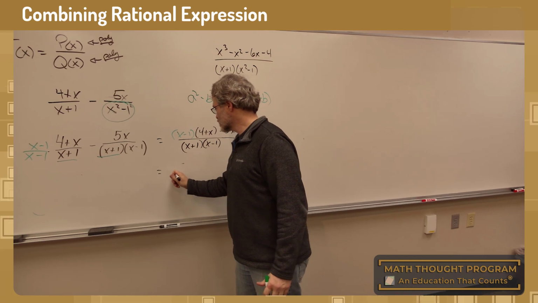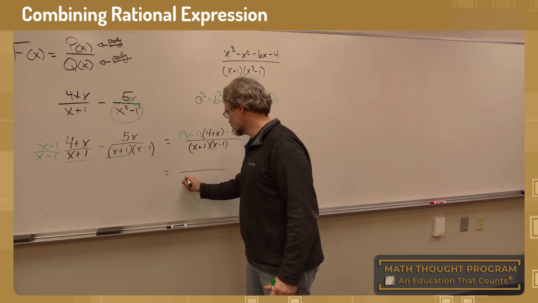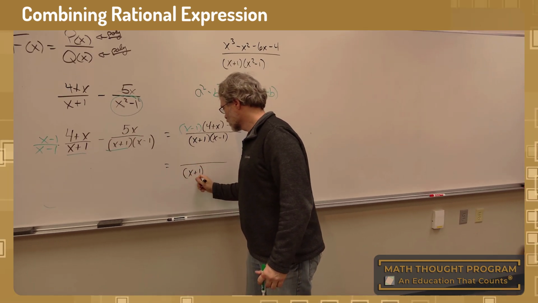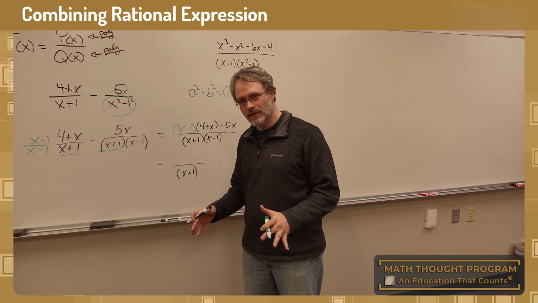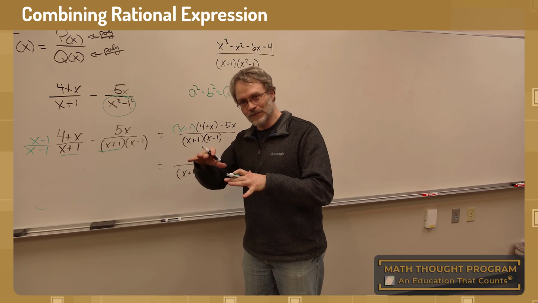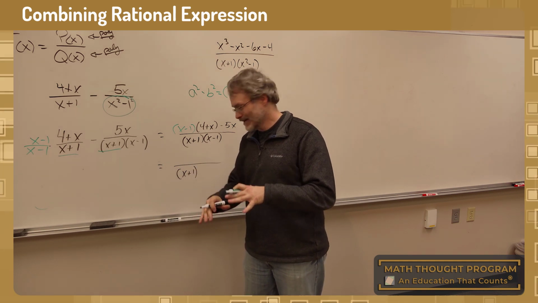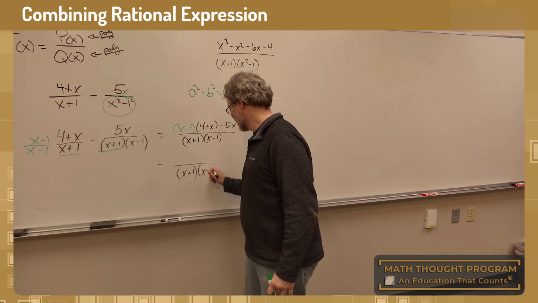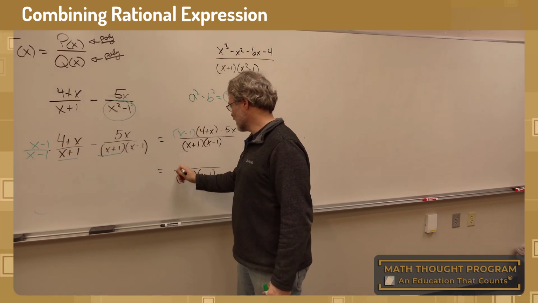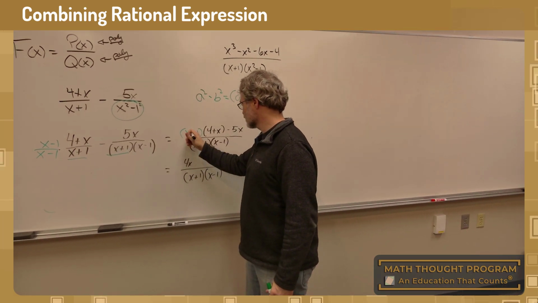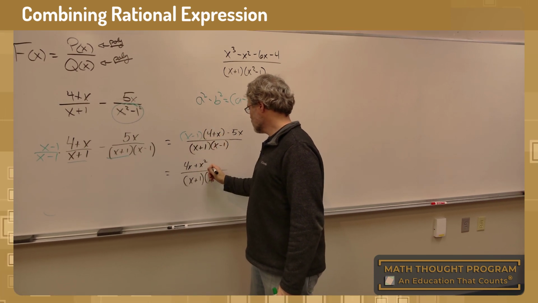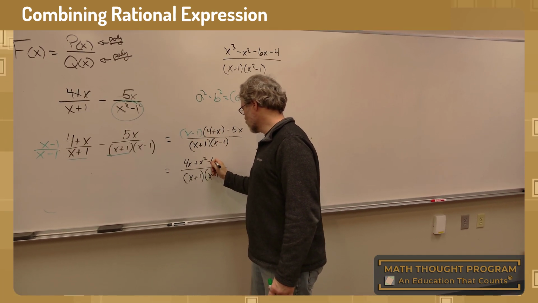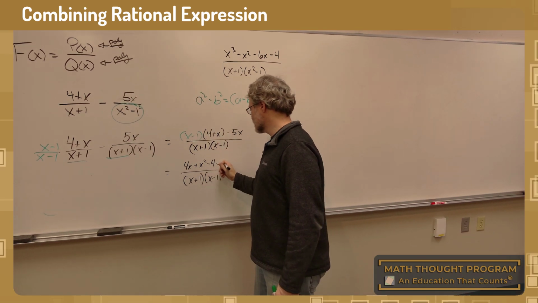So whenever I distribute now and start collecting my like terms, notice the complexity of the problem has been drastically reduced. When I just expand out, I'll have 4x, and then I'll have an x squared. Then I would have a minus 4, and then a minus x.